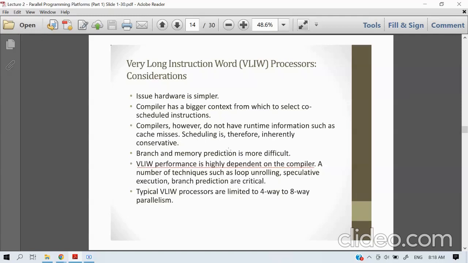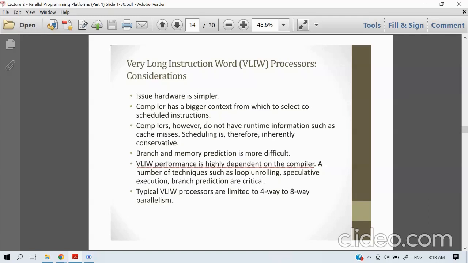Branch and memory prediction is difficult to do. VLIW performance is highly dependent on the compiler. So a number of techniques such as loop unrolling, speculative execution, and branch prediction are critical.